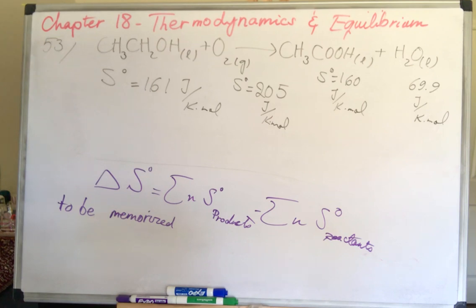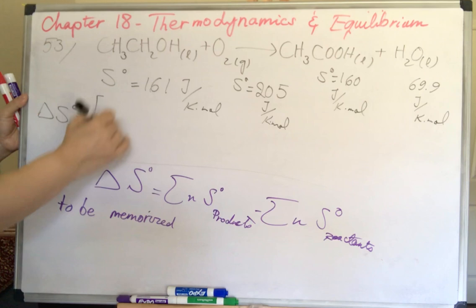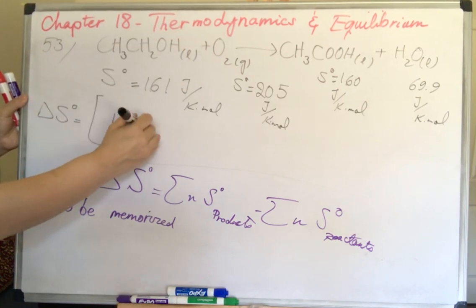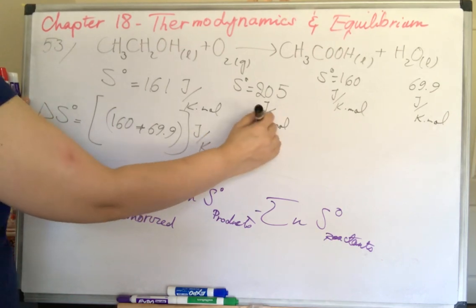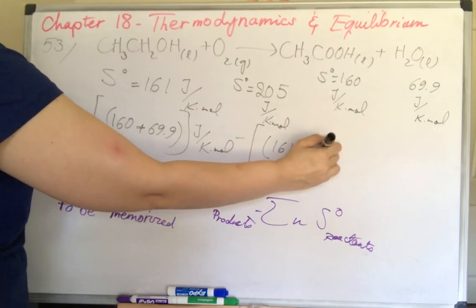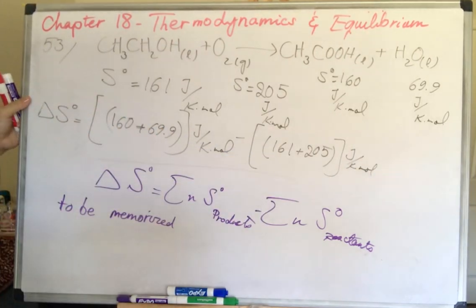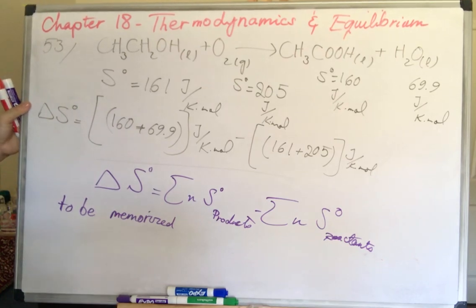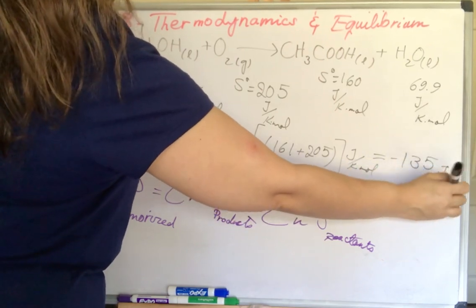So delta S standard, all the coefficients are 1. For the products it is 160 plus 69.9 joules per Kelvin mole minus 161 plus 205 joules per Kelvin mole, which is going to give you minus 135 joules per Kelvin.